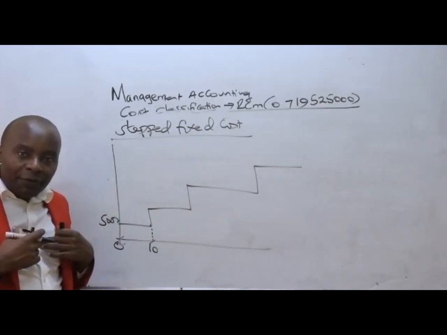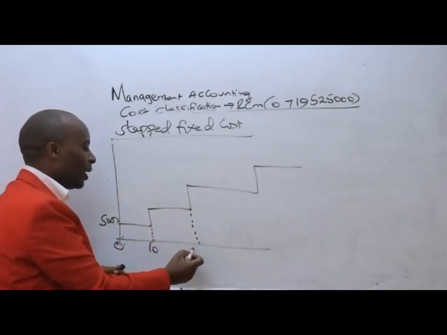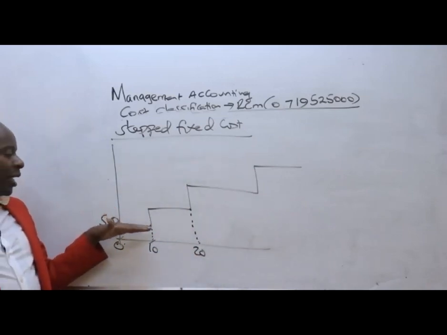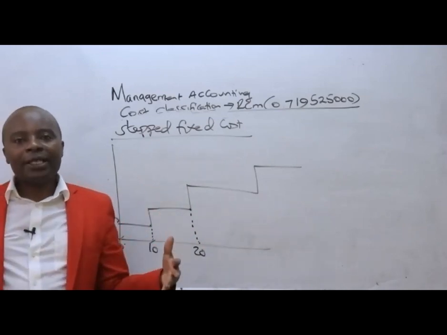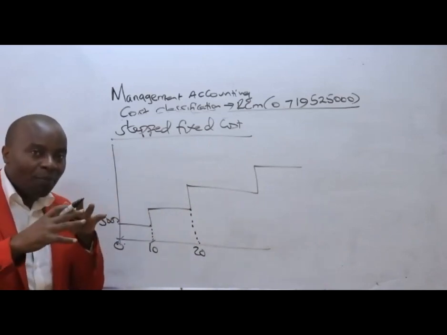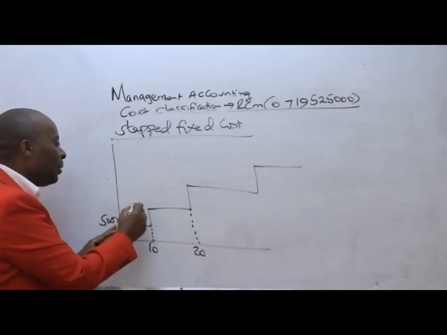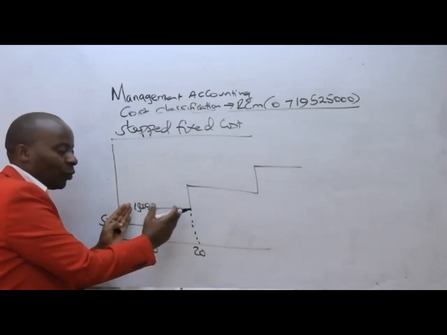But what if we get more than 10 students, and perhaps go to 20? Of course, our rent will have to hike because we will want more space. So we could move from 5,000, depending on how big this other space is, maybe to 15,000. But again, we are going to remain with this 15,000 for that range.